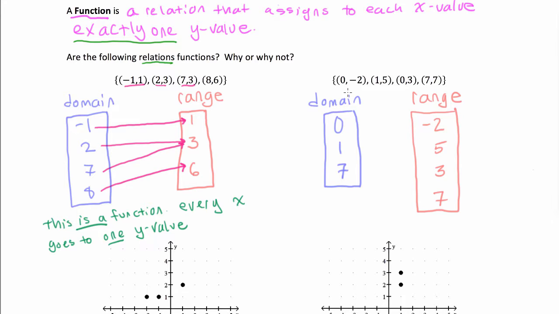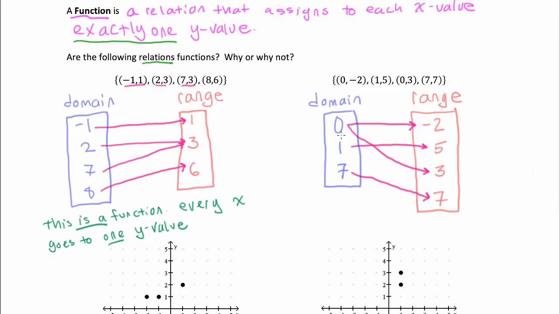And now the relation: 0 goes with -2, 1 goes with 5, 0 goes with 3, and 7 goes with 7.